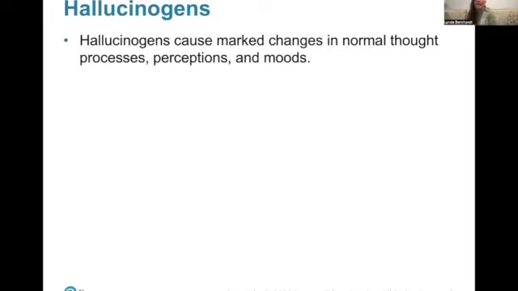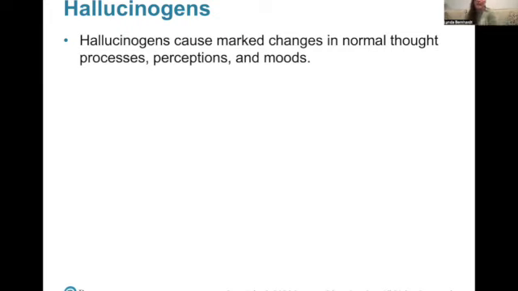If you think about hallucinating or consuming something that makes your brain see things differently, like you are not seeing reality, your brain thought pattern is deciding something that is not real. That's a hallucinogen.